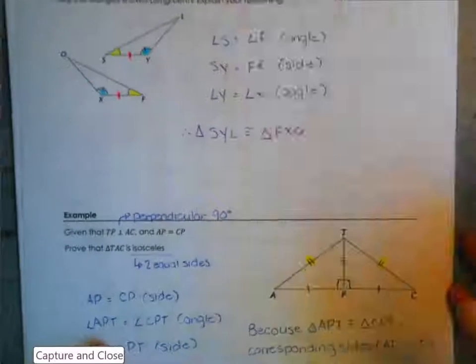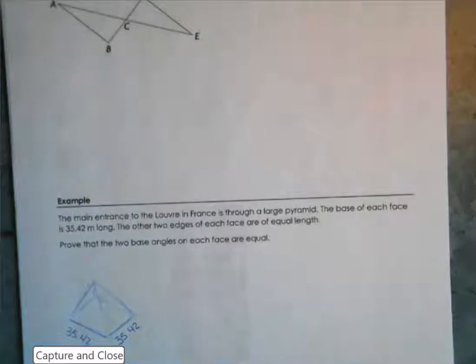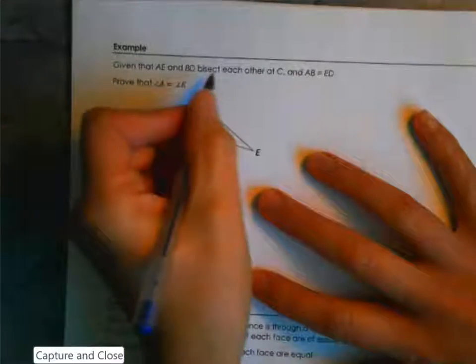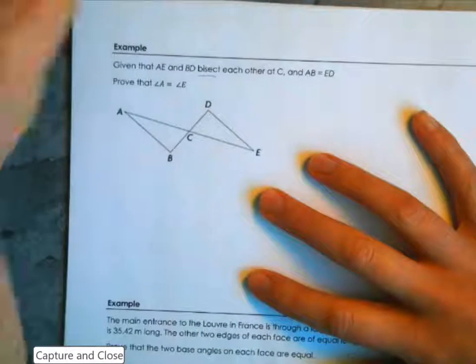All right, let's move on to another example here. 2.6. Okay. So the next example we have here is given that AE and BD bisect each other. So this is a new bit of terminology.